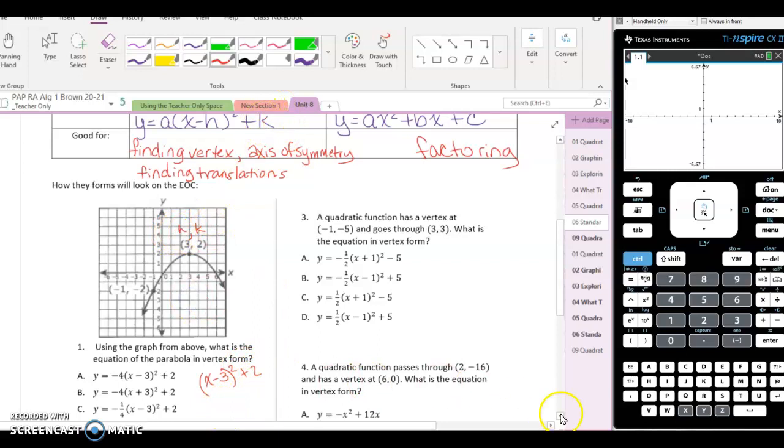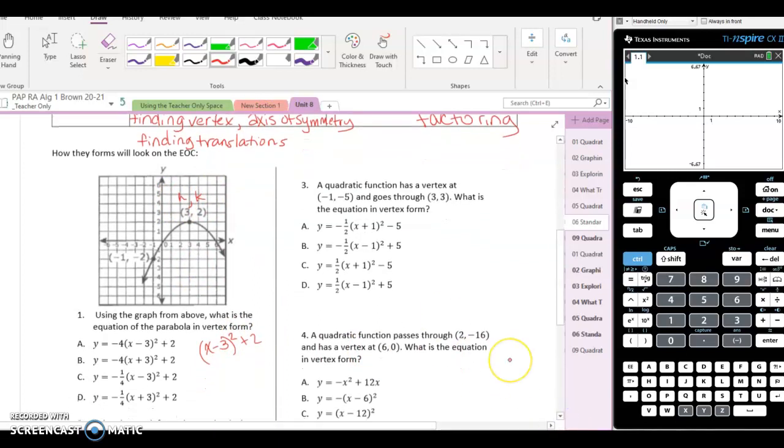All right, now, I'm not real sure if it's going to be a -4 or a -1/4, right? Because we can eliminate this one and this one, right? Okay, so that looks a little bit wider, so we know that if it's wider, it should be C, but you know what? We're going to graph it just to be safe, all right?